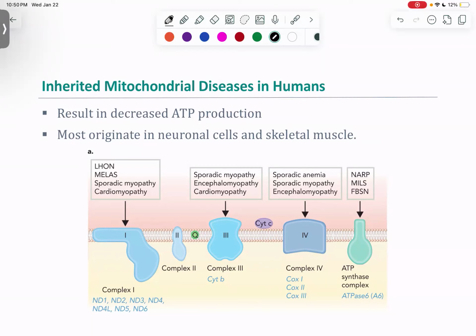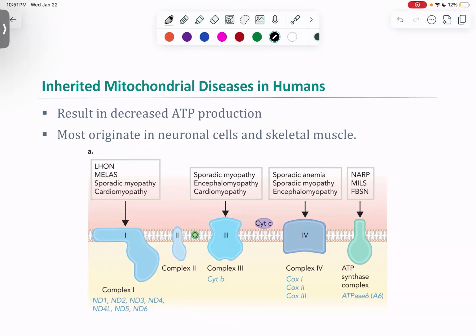So males and females can be affected by mitochondrial mutations, but only the mother can pass on the mutation, which is cool. So if you have mutations in any of the electron transport chain genes, which are located in the mitochondrial genome, right?